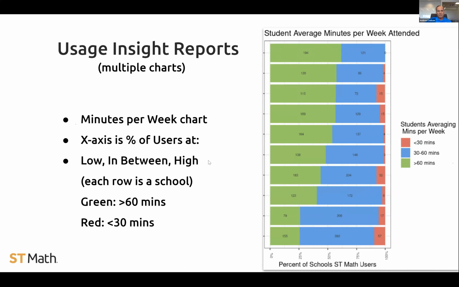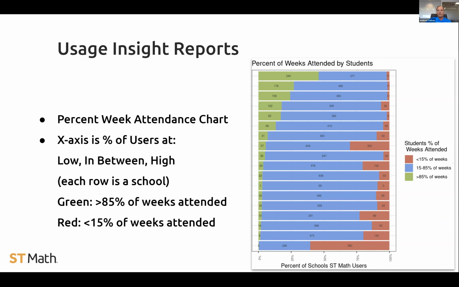So there's a minutes per week chart, and then there's a percent week attendance chart. Not as much green on this one, different district, but you can still see each row is a school, and at the top there's a highest performing, or highest fidelity, school in a district.